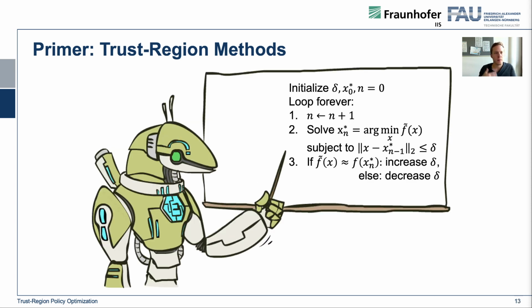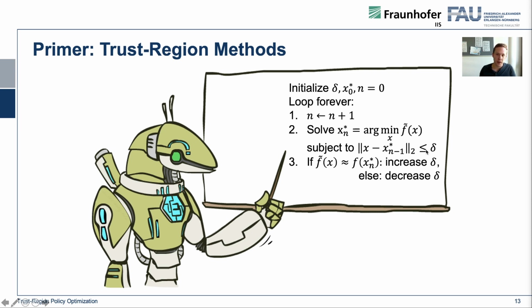So how is the workhorse of trust region methods defined as pseudocode in general? You define a trust region, your initial set of parameters, and your iterations. Then you loop forever, iterating on n.